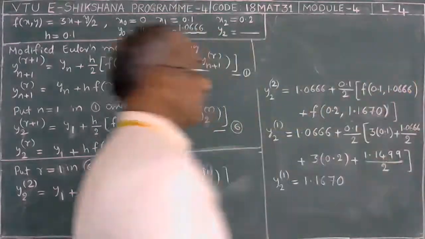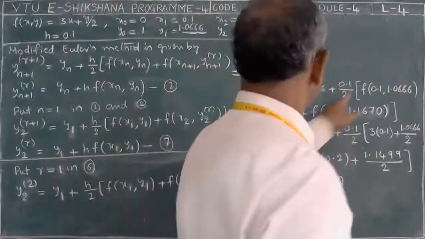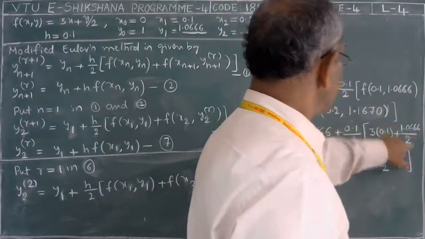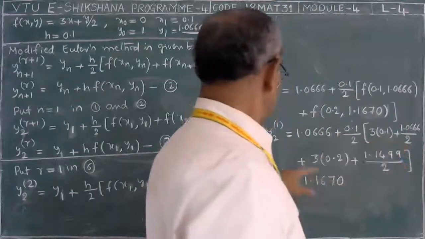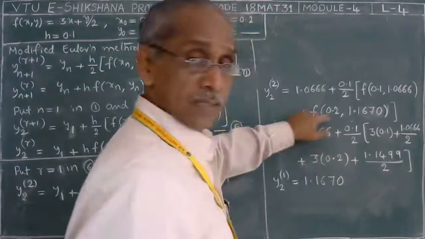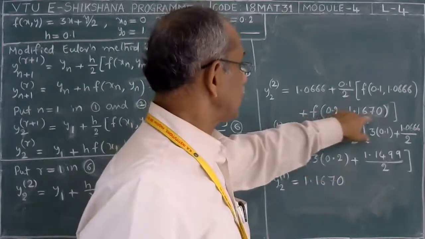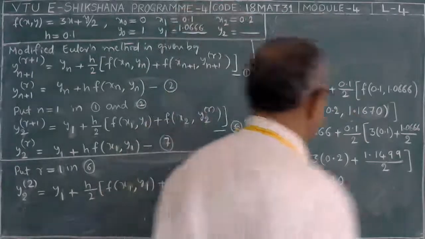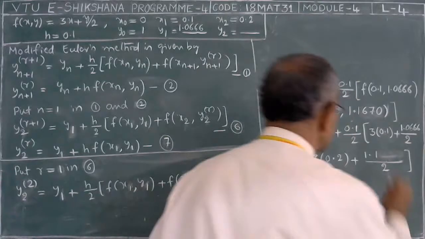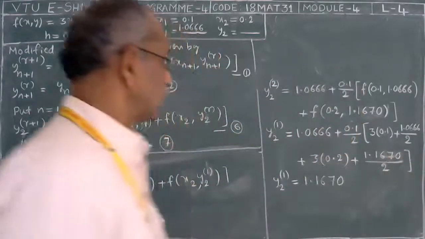Okay. Next, after the definition, 0.1 by 2 into 3 into 0.1 plus 1.0666 by 2, plus 3 into 0.2, where x is 0.2 here, plus y, which is 1.1670, divided by 2.